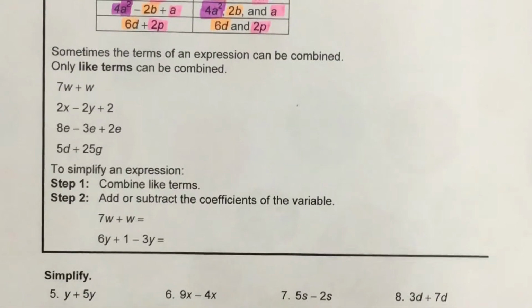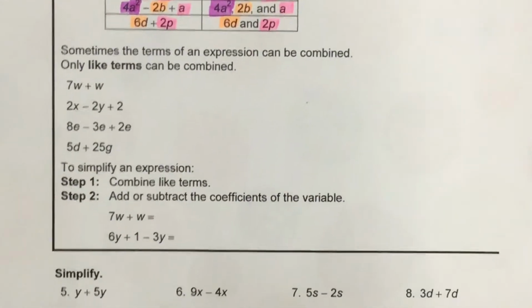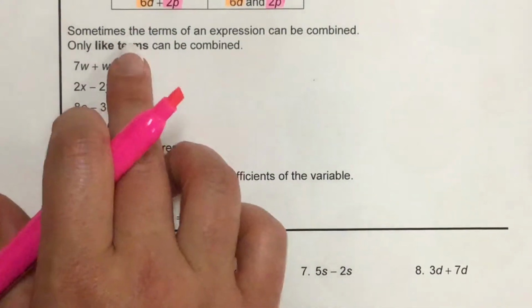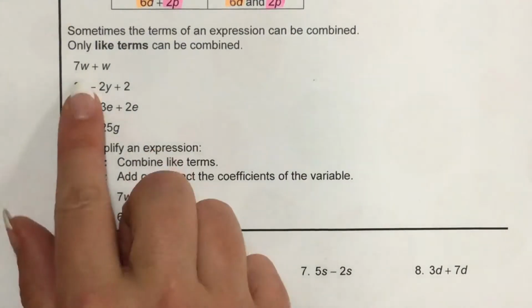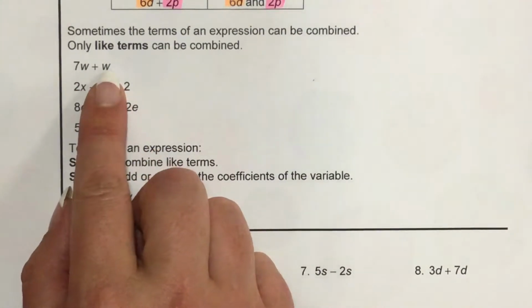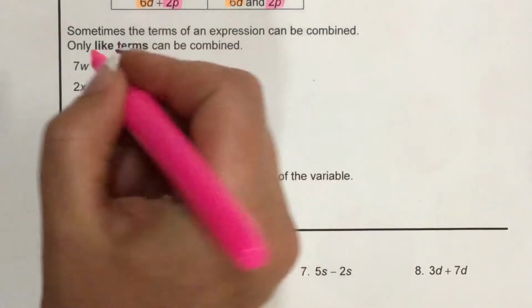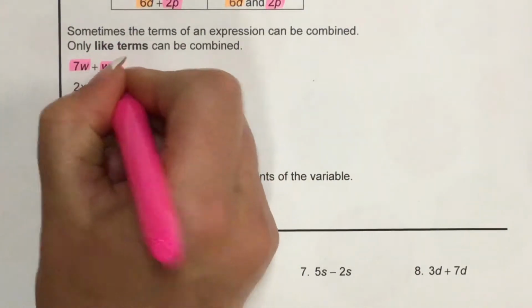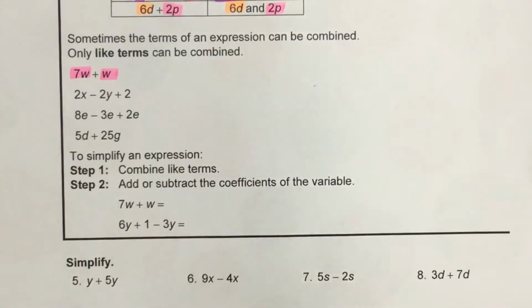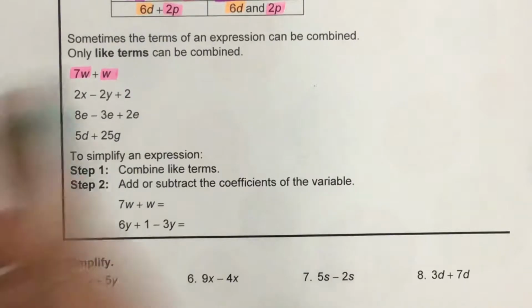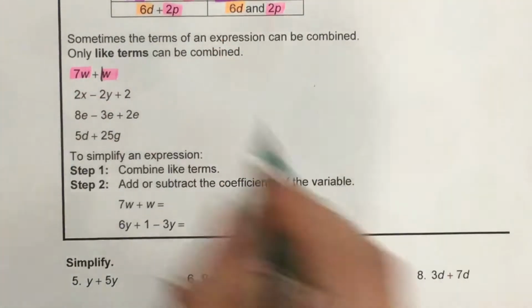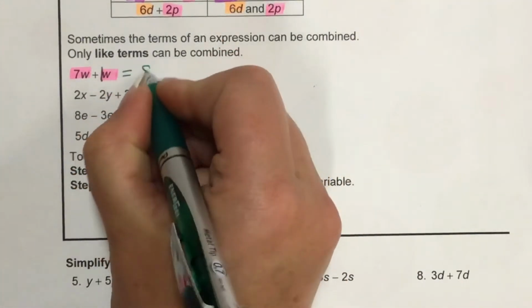So sometimes the terms of an expression can be combined. Only like terms can be combined. So here we have 7w plus w. So the terms are like terms, 7w and w. So you can just combine those. 7w plus w, w is the same thing as 1w, so 7 plus 1 is equal to 8w.